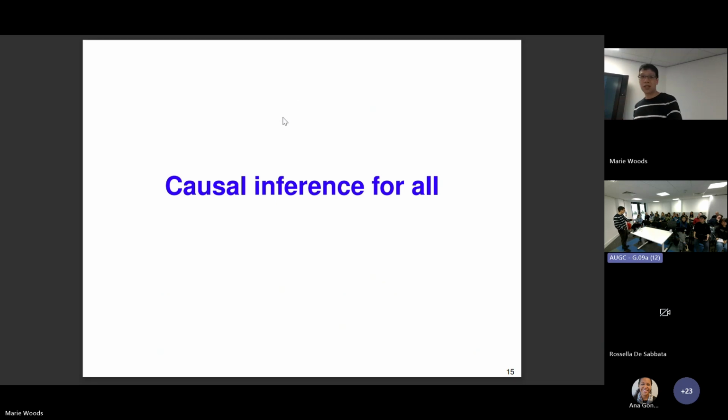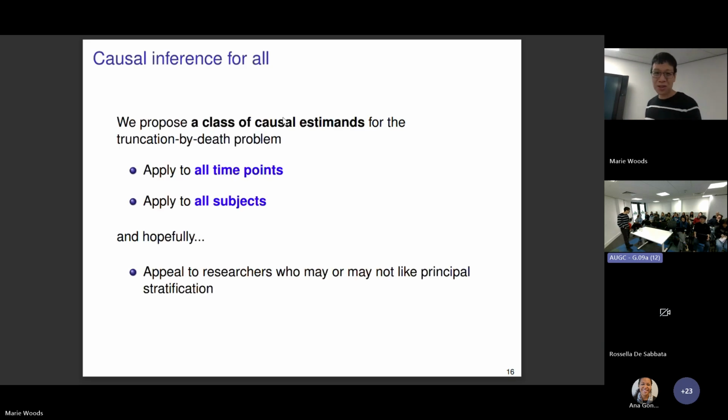All right. So this is the new framework that we propose, and we call this causal inference for all. There are several meanings attached to it. We propose a class of causal estimates for this problem. First, it applies to all time points, so this works for longitudinal data.